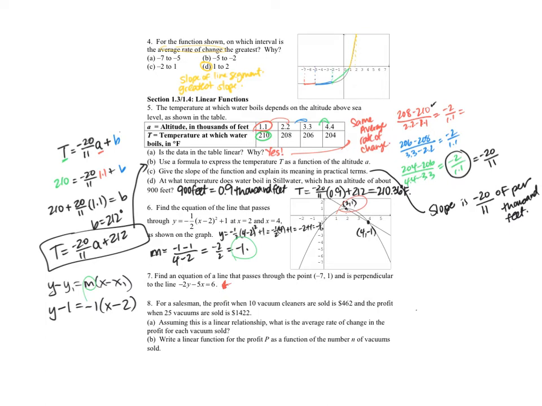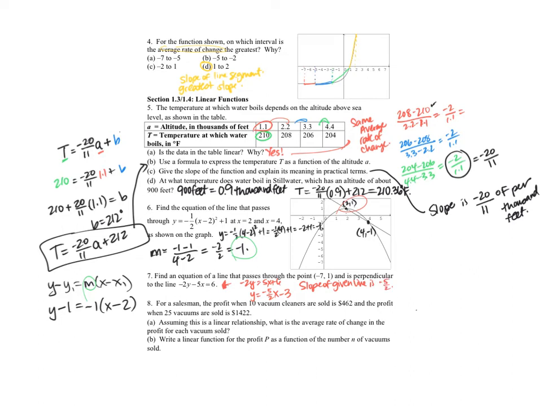So first let's figure out what the slope of this line is. So I'm going to start by adding the 5x to the other side. And then I can divide through by -2. And when I do 6 divided by -3, that's going to be -3. Okay, and so I can see that my slope of my given line is -5/2.